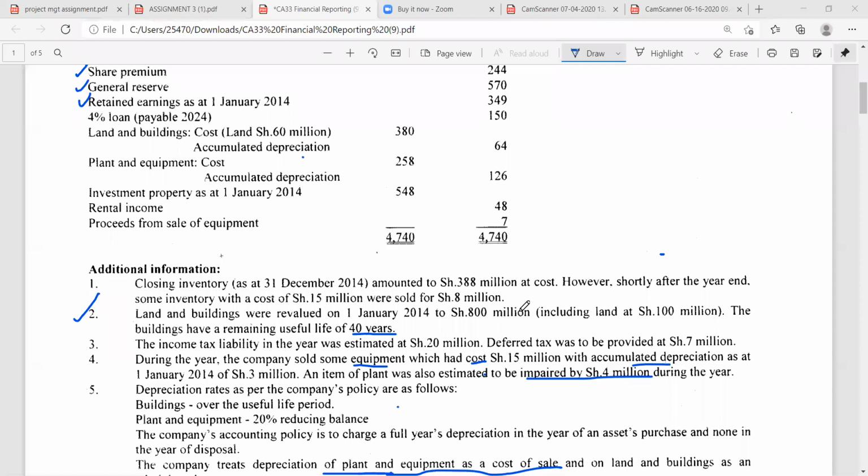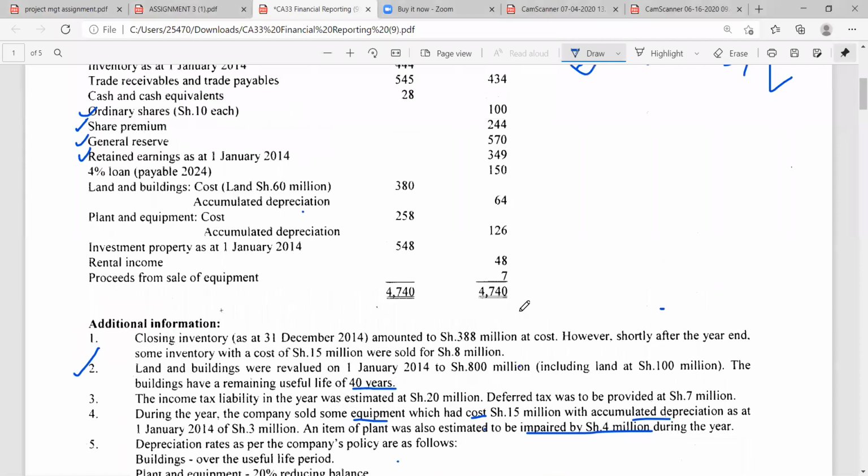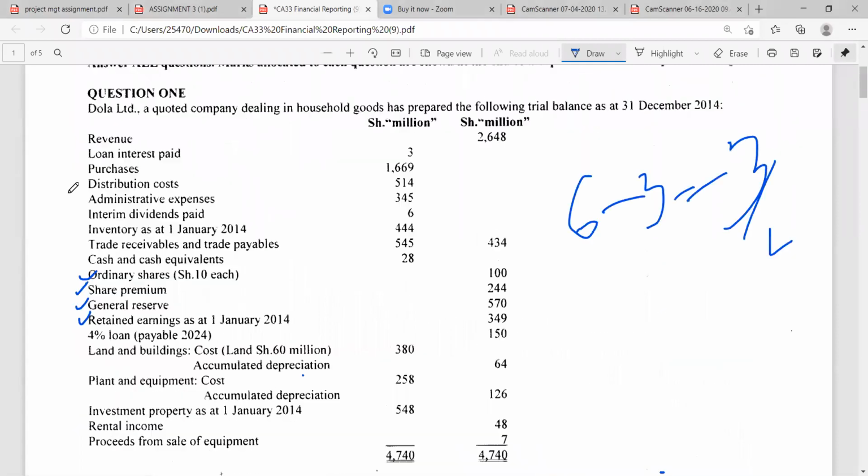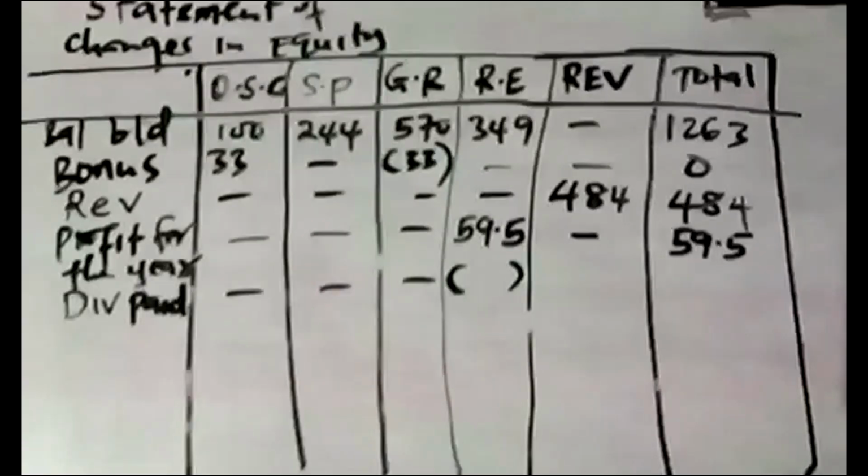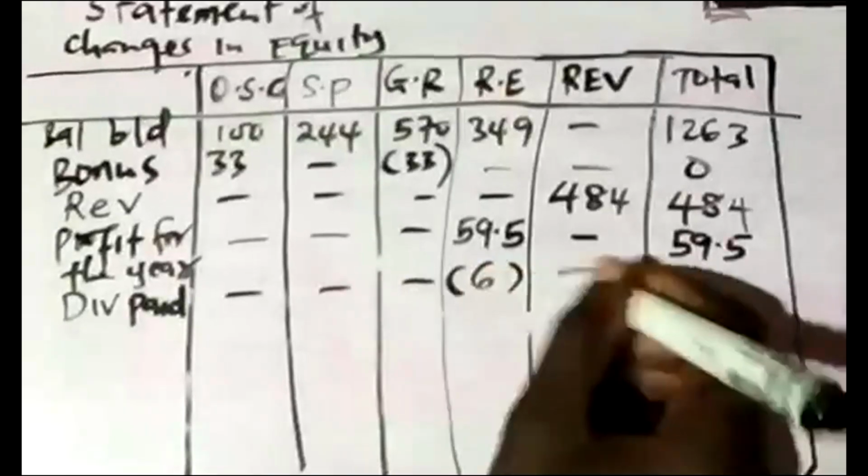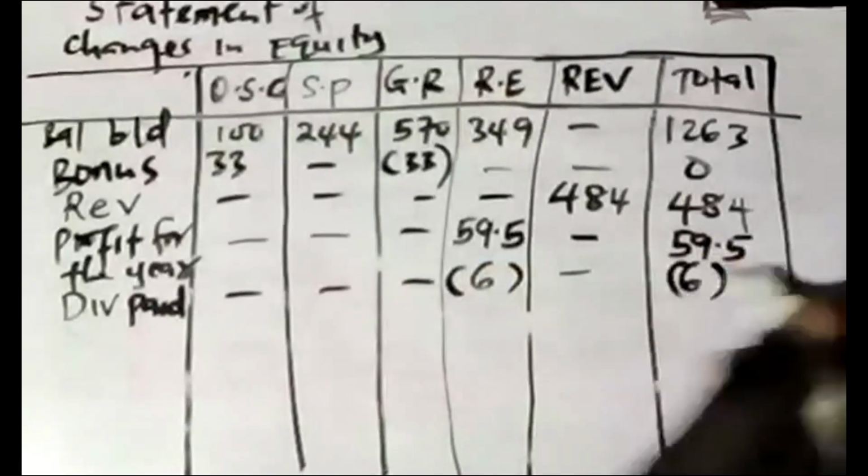Did they mention dividends in this question? These interim dividends paid, which is 6. So that one is the one which we need to raise. So we raise 6 there.